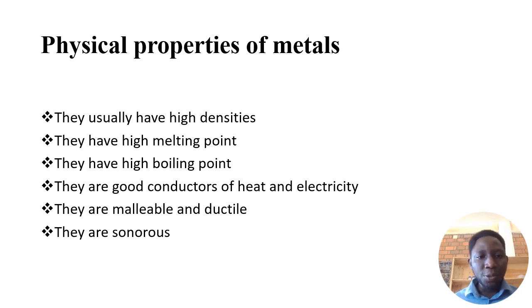They usually have high density. They have a high melting point. They have a high boiling point. The metals are good conductors of heat and electricity. The metals also are malleable and ductile.